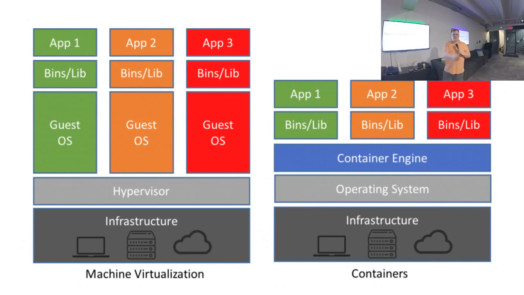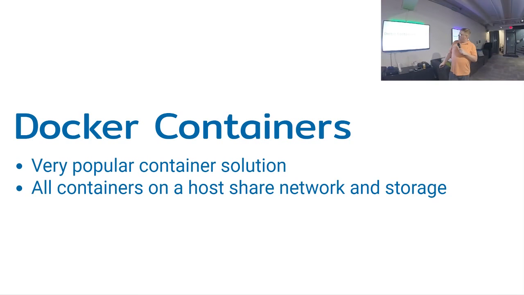Any questions? Cool. Oh, Colin. Those two sides would look more like each other if the guest OSs weren't so tall. Yeah, what's funny is the Docker container isn't even that thick. We could make it super thick, but I don't think it's that overweight.